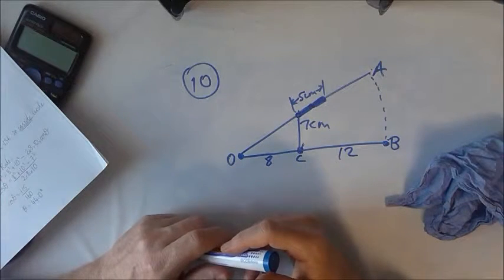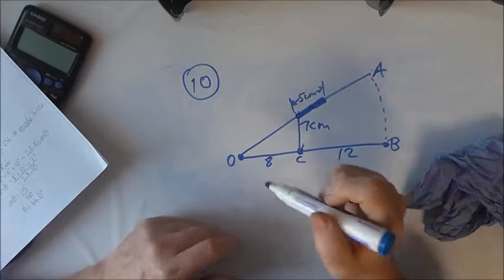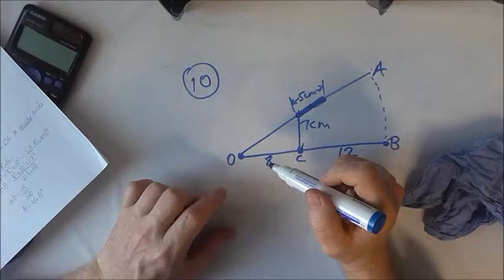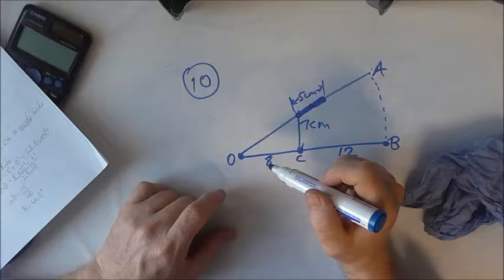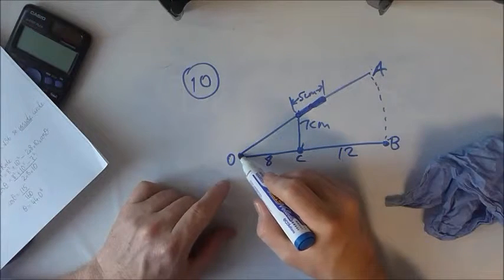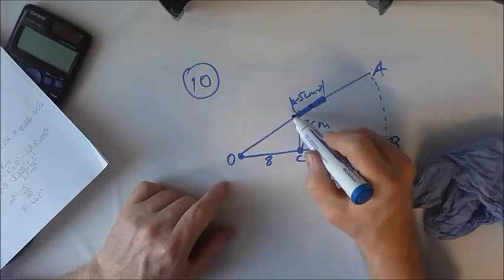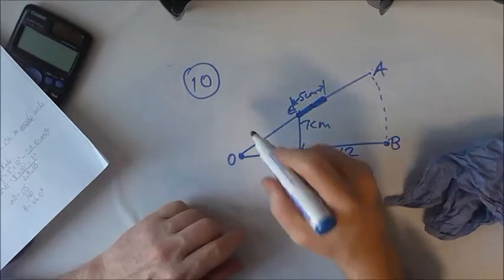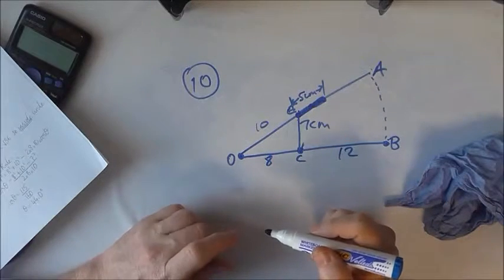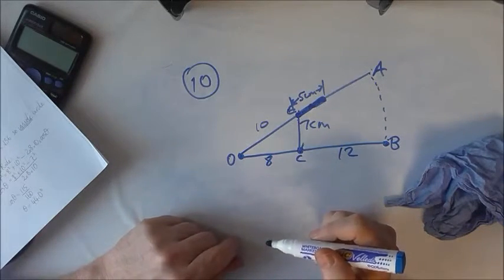Oh, and I forgot to say that it's 10 centimeters from O to the start of this bar. So what I've drawn now is the diagram for it being fully open. So what's the angle EOC?